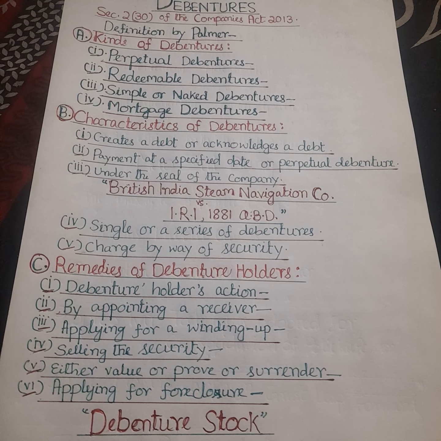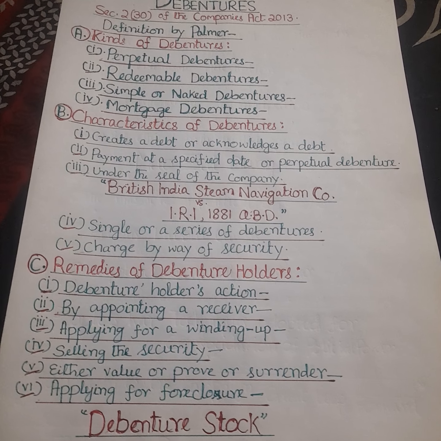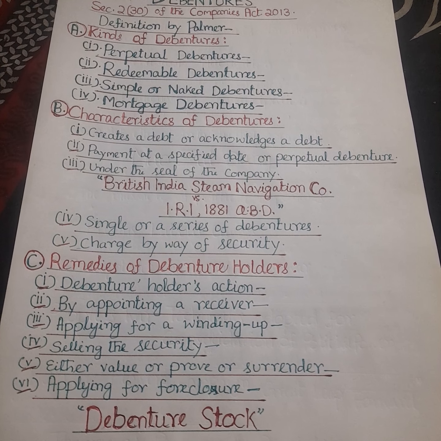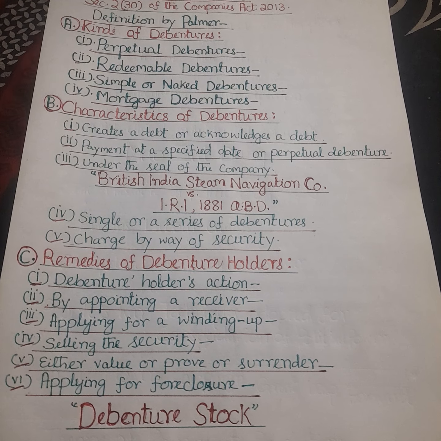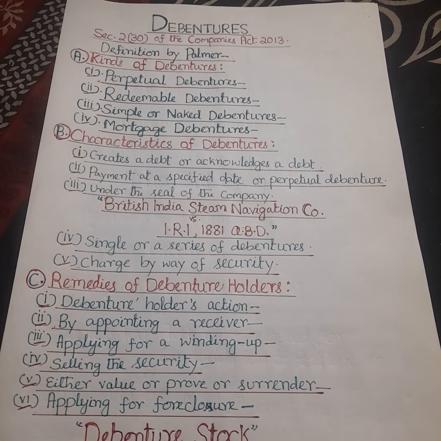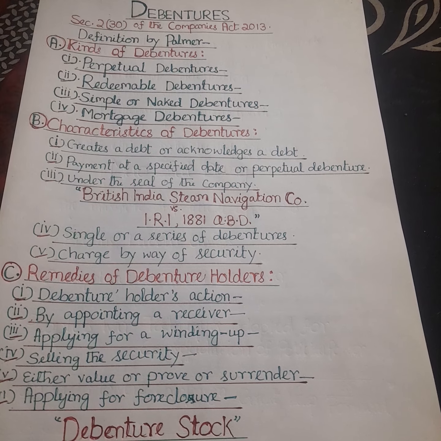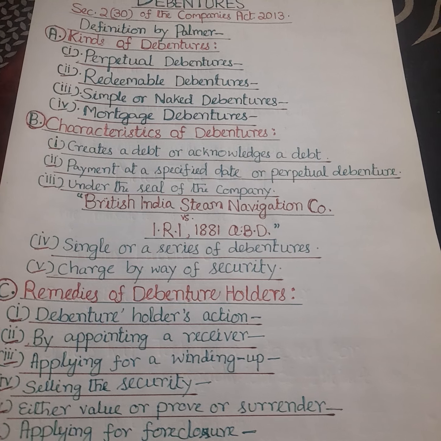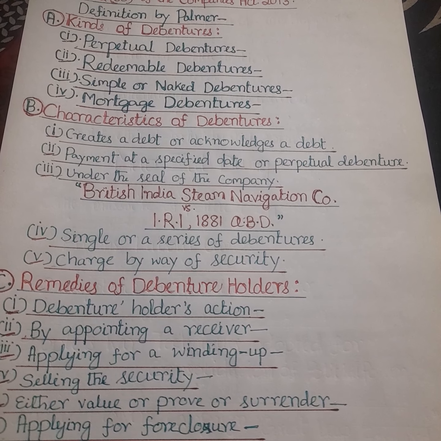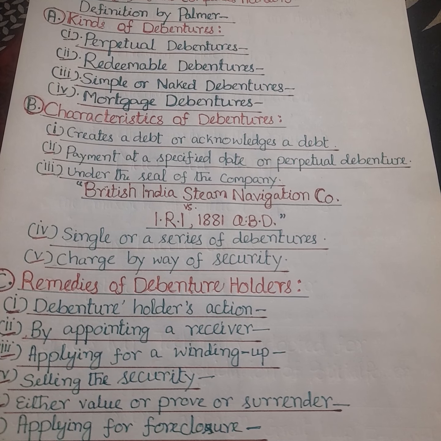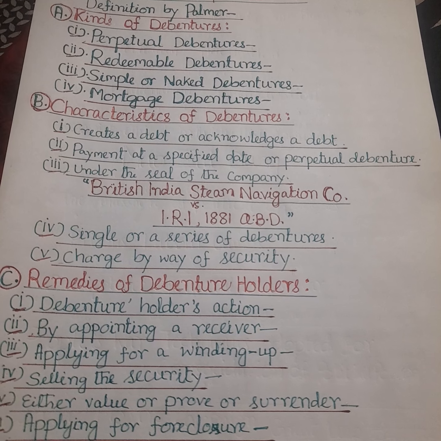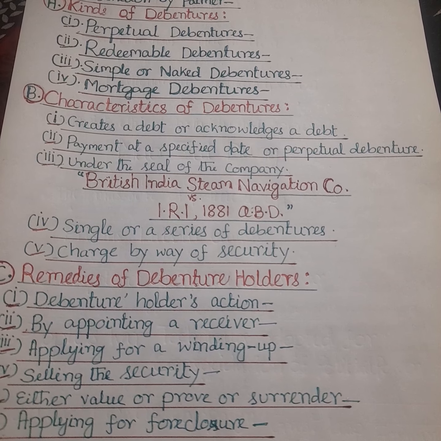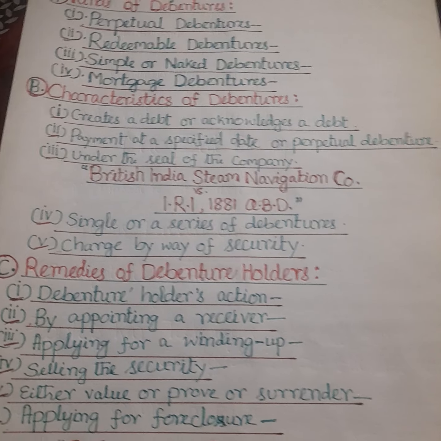So the interest payable on debenture is always a debt and may be paid out of the capital of the company. In that connection, we would like to discuss the various kinds of debentures, such as perpetual debentures, redeemable debentures, simple or naked debentures, and finally, the fourth one, mortgage debentures.